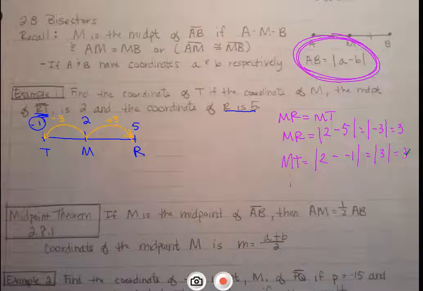Okay, so any questions there? No. Okay, so we're just practicing using that notation to find out how long our segment is, if we need to do that.